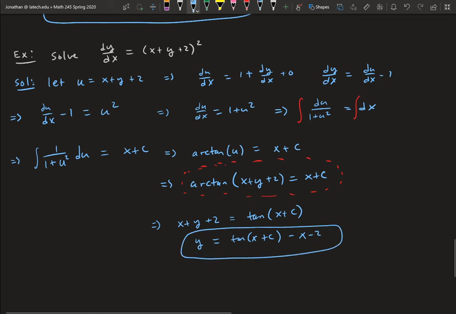Either solution is okay. It really depends on the directions in the problem.